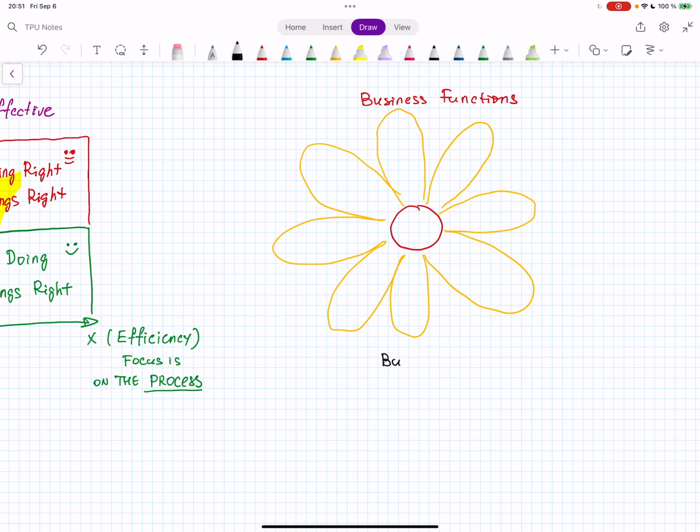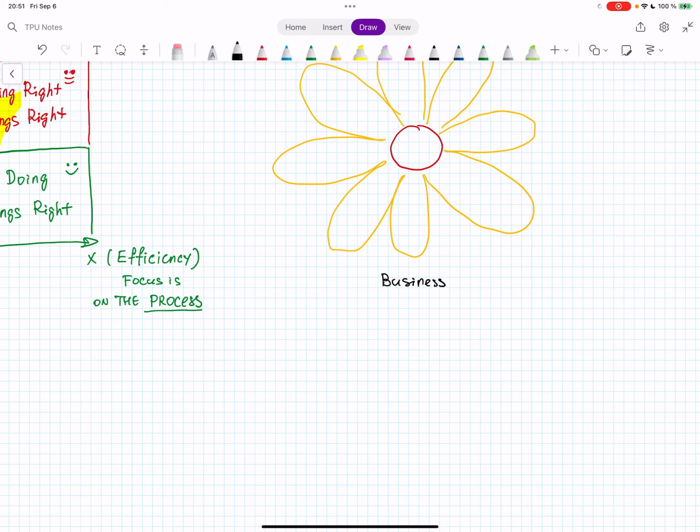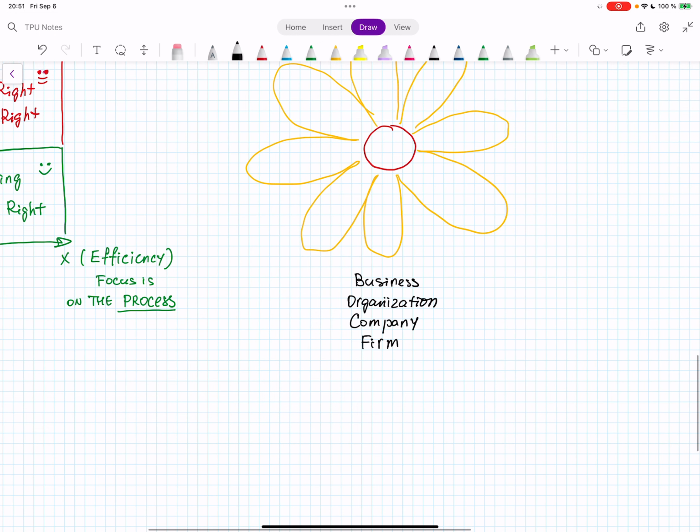Business. By the way, maybe it's a good time to give you some synonyms for business. You can use the word organization, or you can use the word company, business company, or you can use the word firm, and also enterprise.